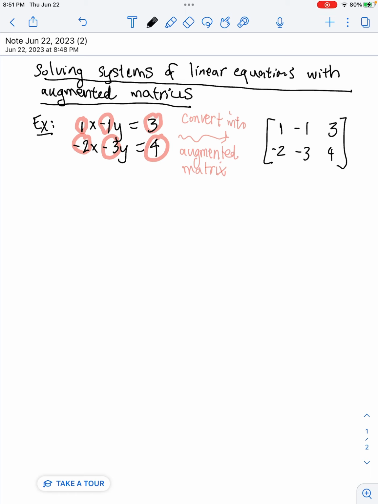These numbers, the 1, the minus 1, the minus 2, and the minus 3, are actually coefficients. And so for an augmented matrix, one thing that I think is really helpful is to just put a line like that down to separate the coefficient part.